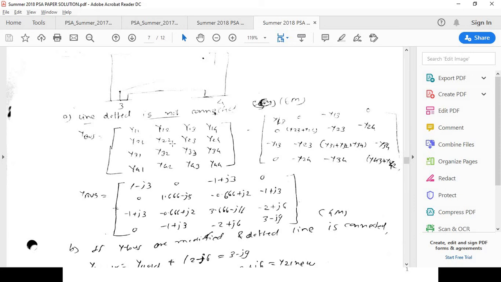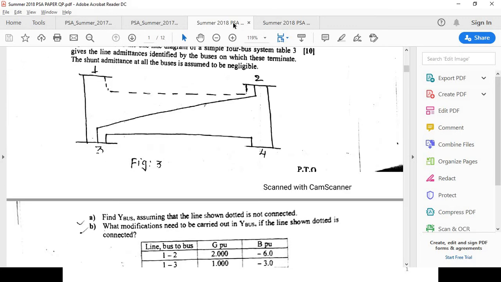Now first of all we will calculate the diagonal elements, that is Y11, Y22, Y33, Y44. For the diagonal element we have the concept that the diagonal element is the positive sum of all the admittances which are connected to the bus. For example, Y11 is the positive sum of all the admittances which are connected to bus number 1.